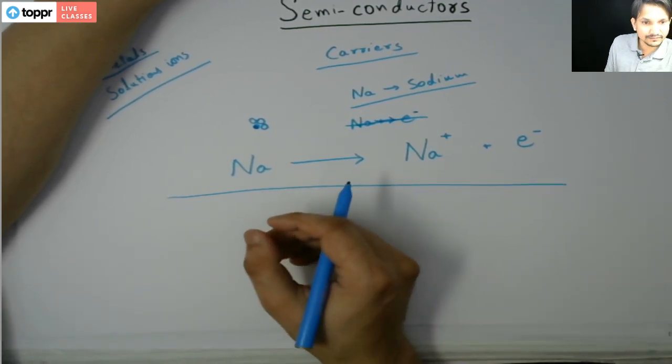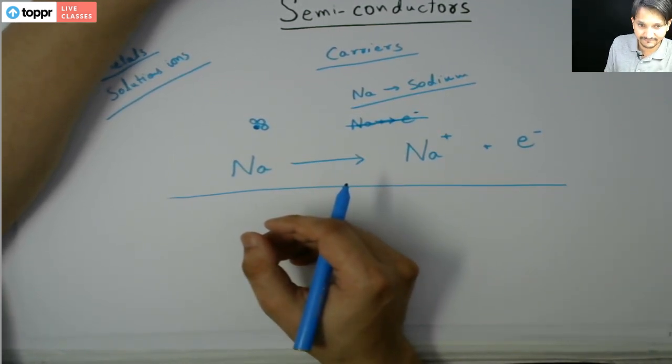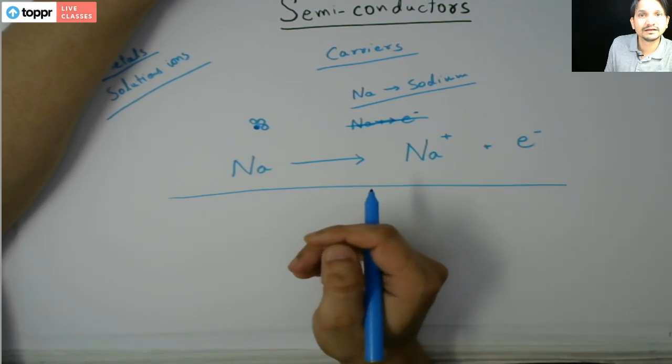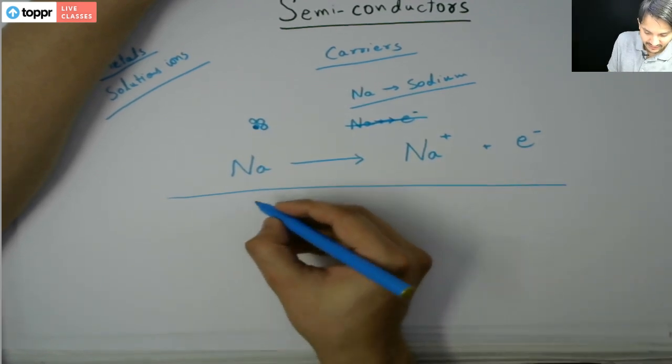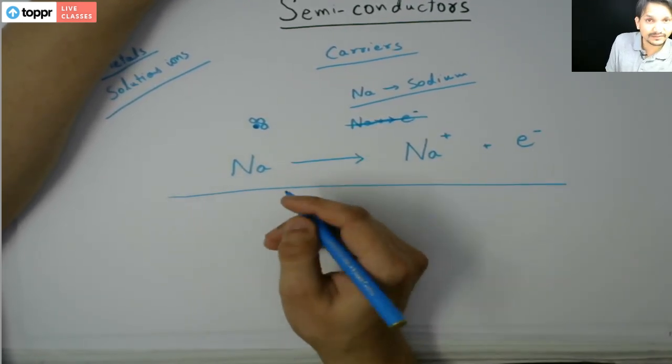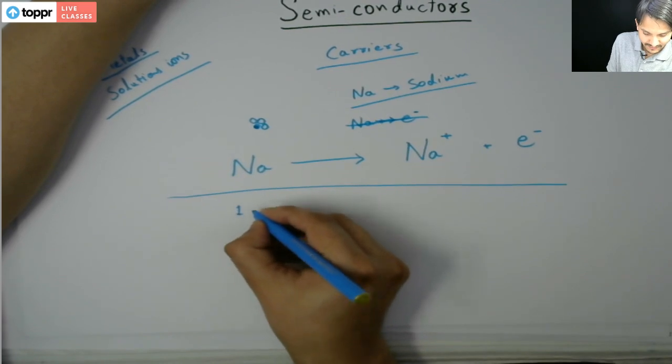How many electrons does it have? A total of 11. The atomic number of sodium is 11.